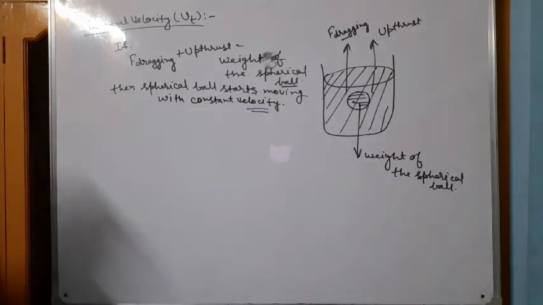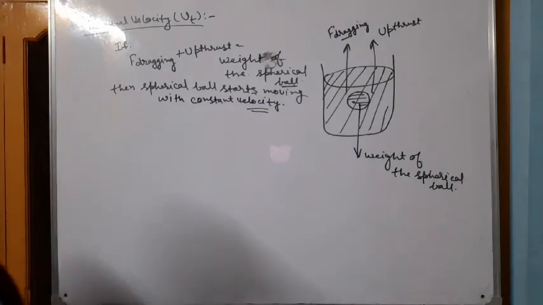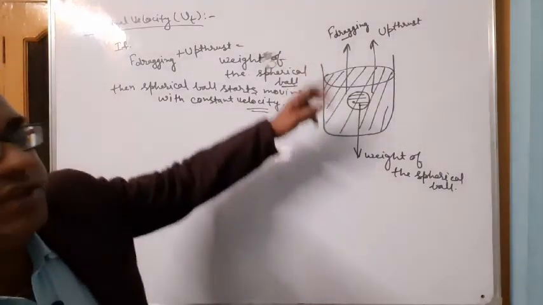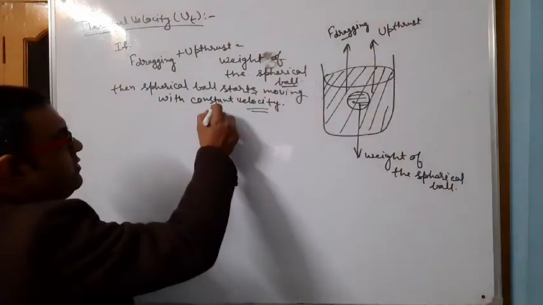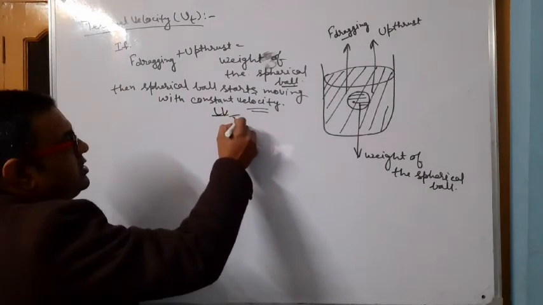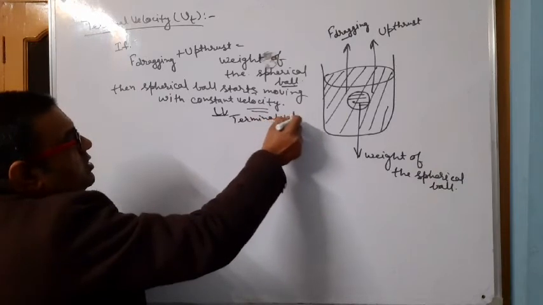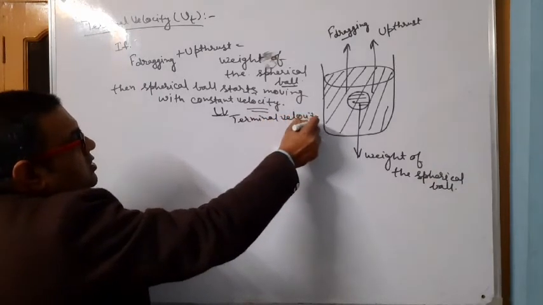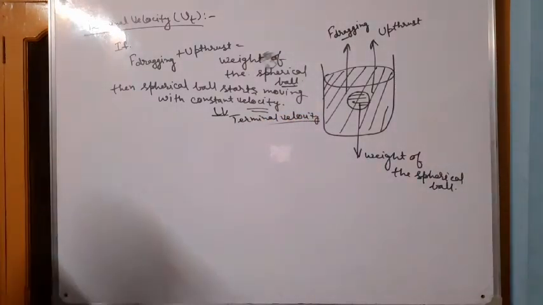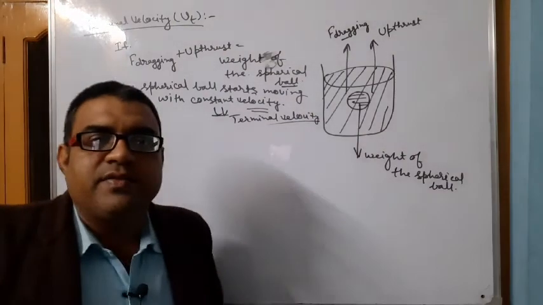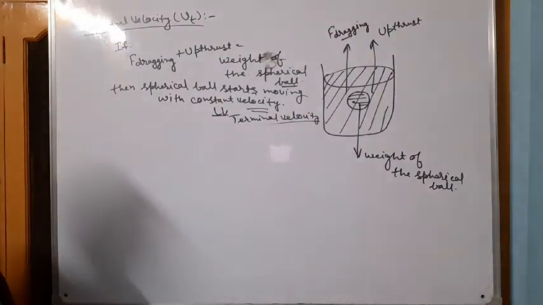and this constant velocity with which the spherical ball moves under the effect of these forces is called terminal velocity. So we are interested to find out the expression for the terminal velocity.